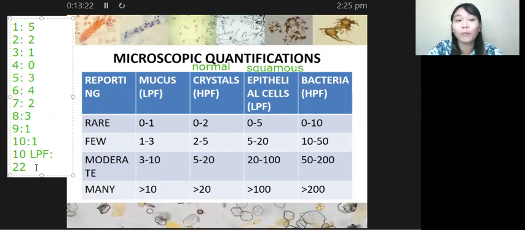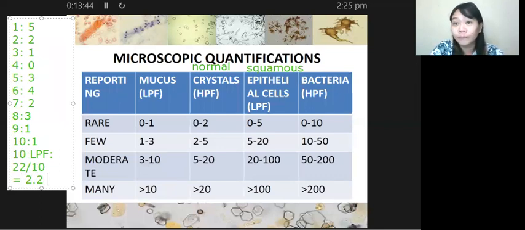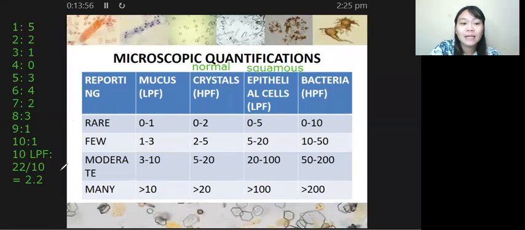Since our reporting is per LPF, how many LPF did you use? 10. So we have to divide it by 10 to get the per LPF that Sir Ruben mentioned. If we divide it, you have 2.2. So in our table on microscopic quantification, we have no problem. 2.2 mucus threads per LPF falls under 1 to 3.